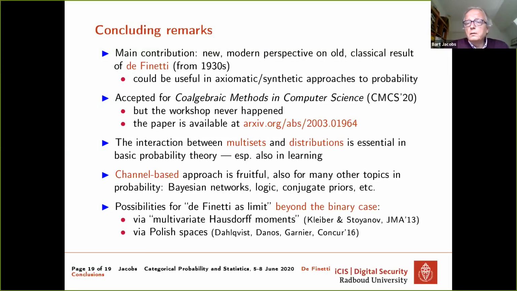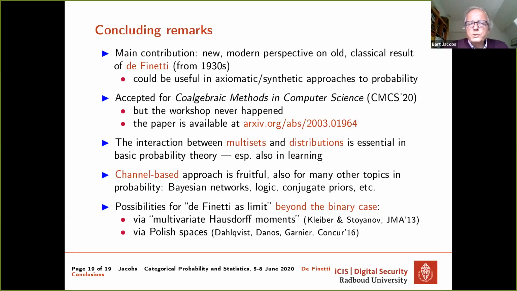And maybe this could be useful in axiomatic or synthetic approaches to probability, for which there's much attention here at this workshop. As I said, the paper has been accepted for CMCS, coalgebraic methods in computer science. The workshop never materialized, but the paper is on the arXiv. Please have a look there if you want to check out the details.